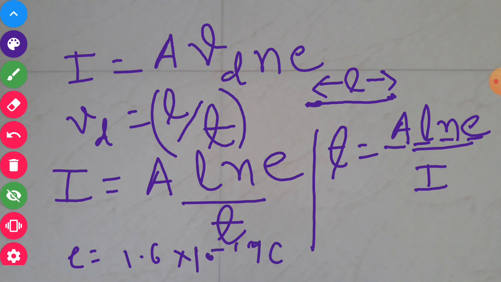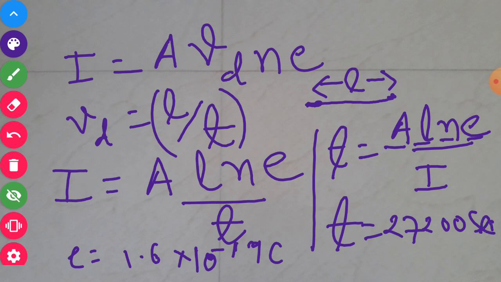That you must know, the charge of the electron which is moving. I is also given. So you can easily find the time, and you will get 27200 second. This is a very easy calculation, do it. Calculate all these numericals 3-4 times and practice. Thank you.